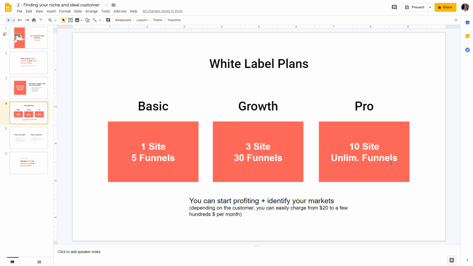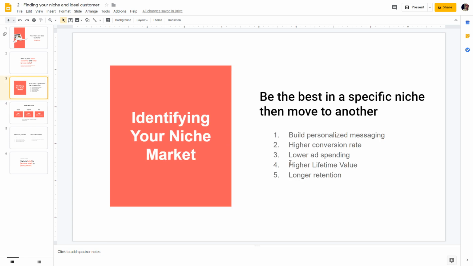Then you can use the other funnels, the other sites, the normal projects to get more, because trust me, when you've identified it, it will be so much easier to create campaigns, so much easier to approach people, and to convert more of the potential customers to actual customers and actually solve their problem, which, as we discussed, will result in higher tickets, higher lifetime value, longer retention.